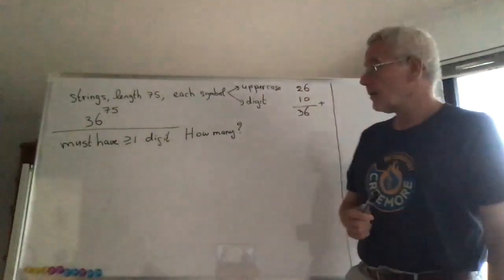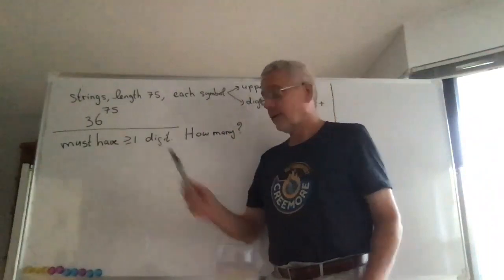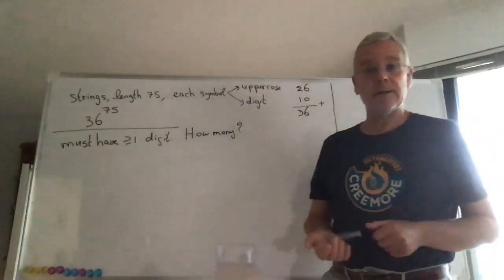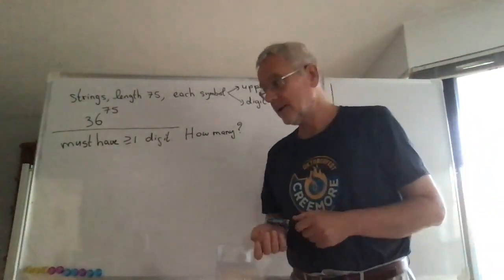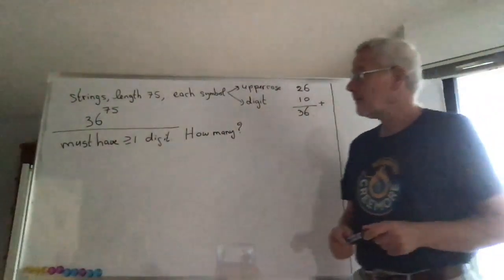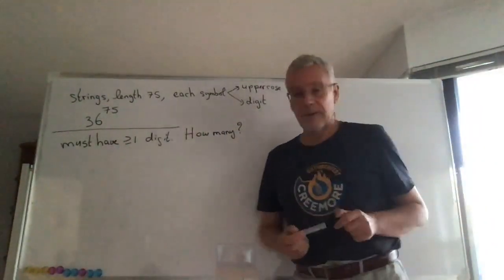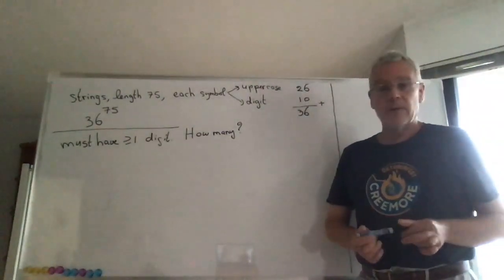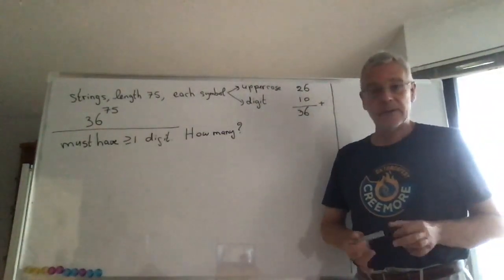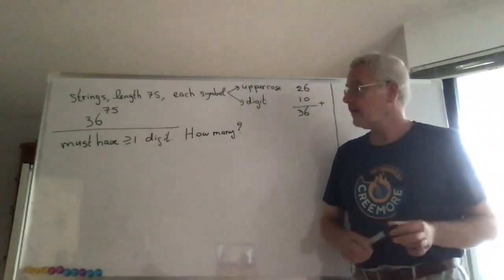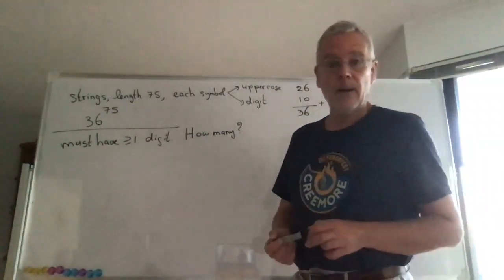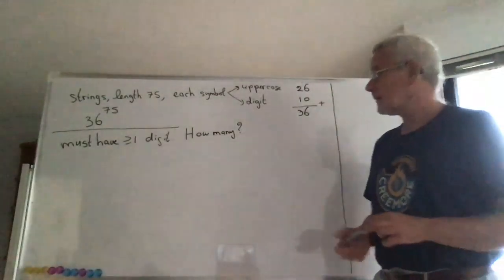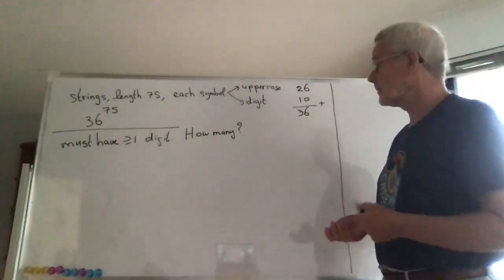Then we count the number that have exactly 2 digits, then exactly 3 digits, etc. At the end, we count the number of strings having exactly 75 digits. So then we get 75 different numbers and we add them all up and get the answer. Now that doesn't sound like a fun exercise to do.